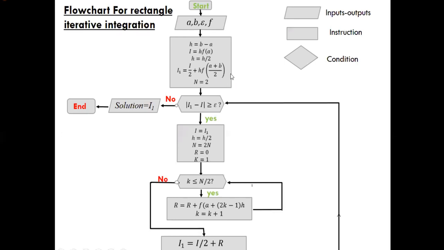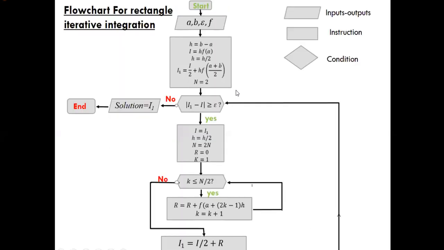Yes. Okay, so this is all you have to do in order to compute with the trapezoidal method up to a given precision: instead of I equals H f of a, you put I equals H times f of a plus f of b over 2.